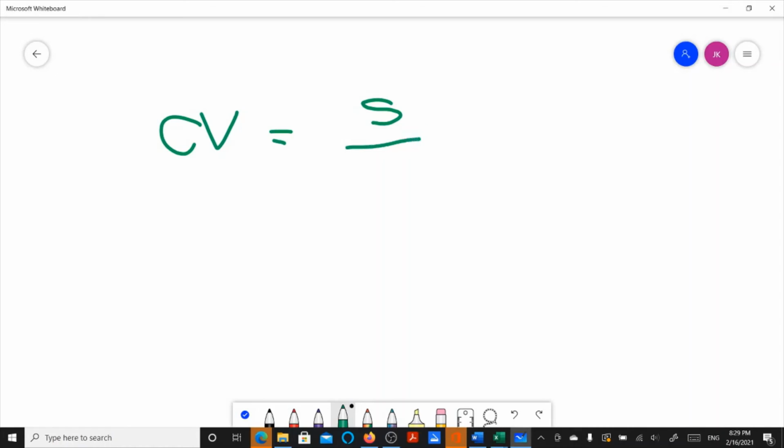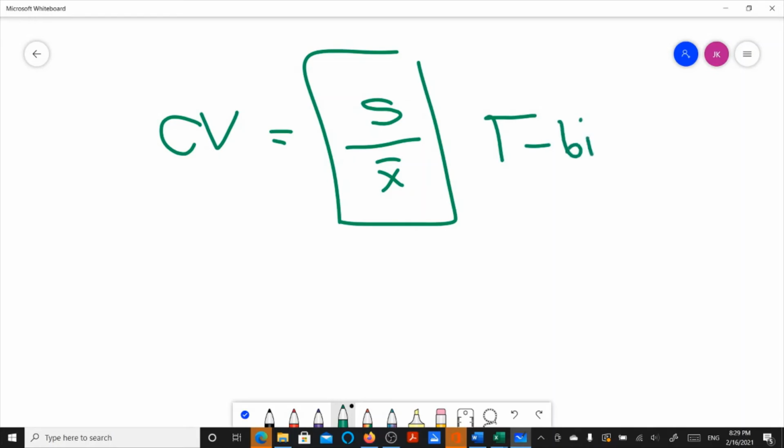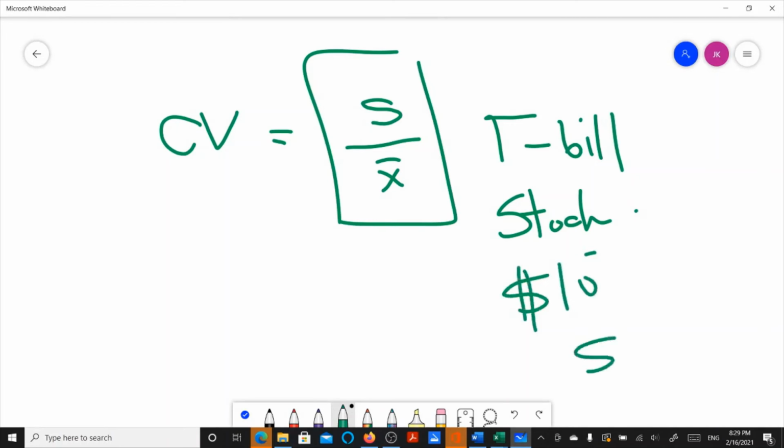Sample standard deviation over your average of X, let's say sample average. What this allows us to do is compare, say, a risk-free T-bill and a stock. It also allows us to compare a stock that is trading for $10 and a stock that is trading for $300.